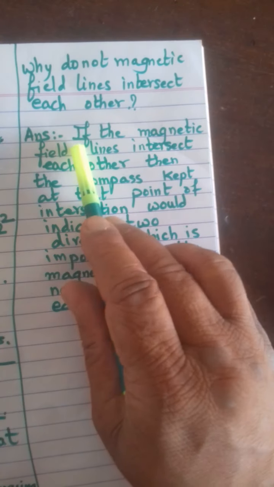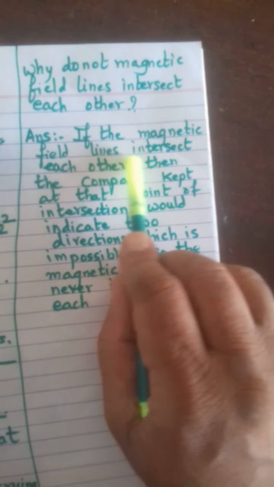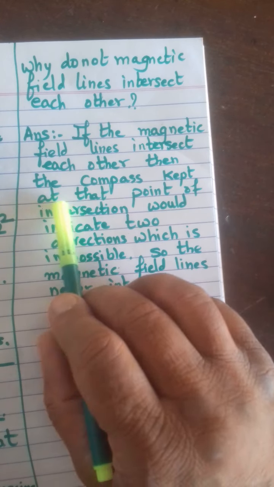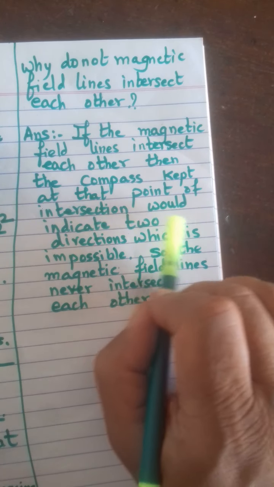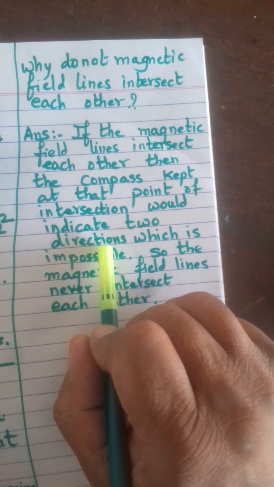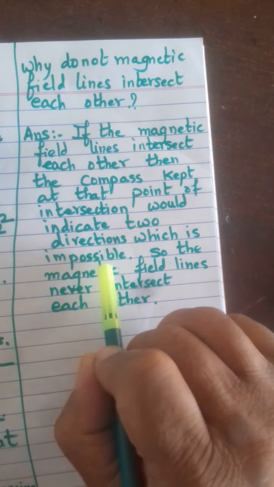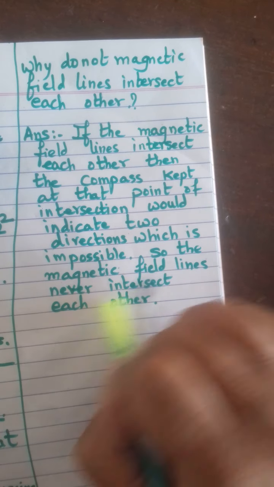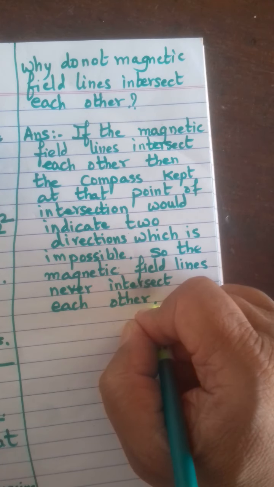So here is the answer written. If the magnetic field lines intersect each other, then the compass kept at that point of intersection would indicate two directions, which is impossible. So the magnetic field lines never intersect each other.